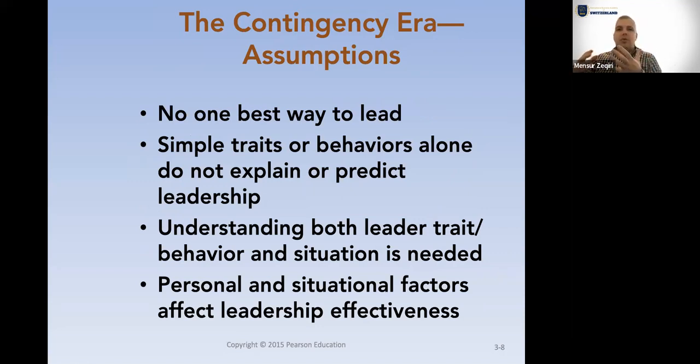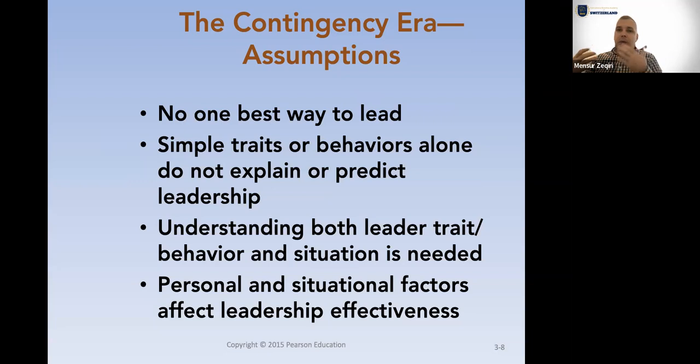So there is no one best way to lead. As we're going to see here, researchers recommended considering situational factors, things like the tasks and the type of work group. So these should always be taken into consideration. It will depend on these situational factors which different leadership styles and different leadership traits would be necessary and more effective.